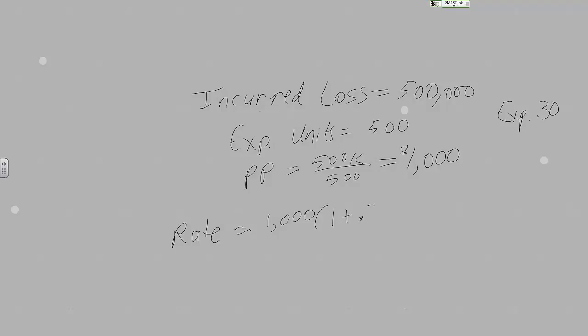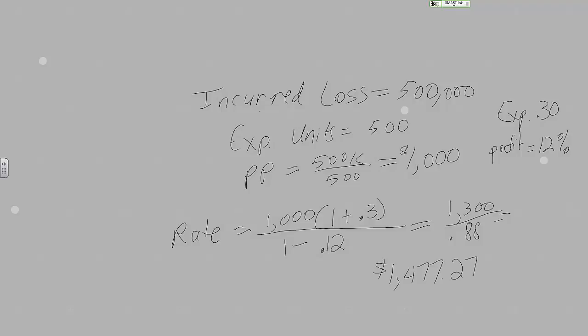So 1 plus 0.3 divided by 1 minus the profit or contingencies factor. Let's say that the profit this company wants to generate equals 12% or 0.12. So this equals 1,300 divided by 0.88 or 1,477, and we'll round it to 0.27. That is the rate per exposure unit that should be charged for this type of insurance using the pure premium method.